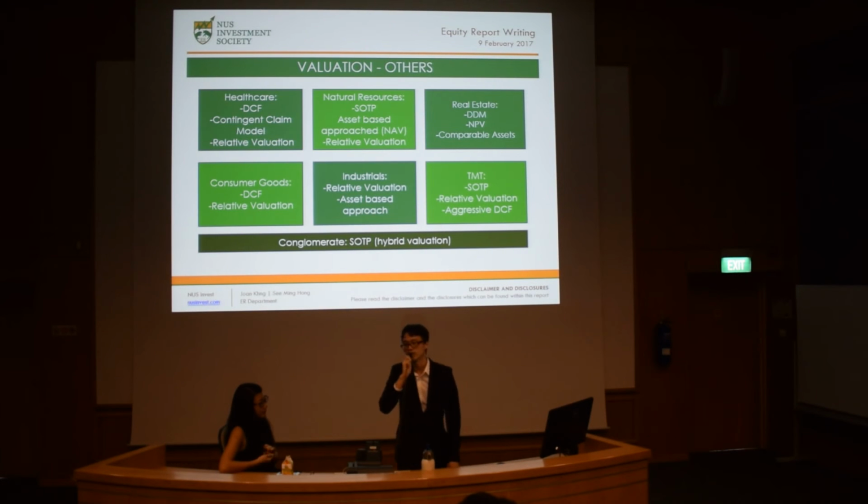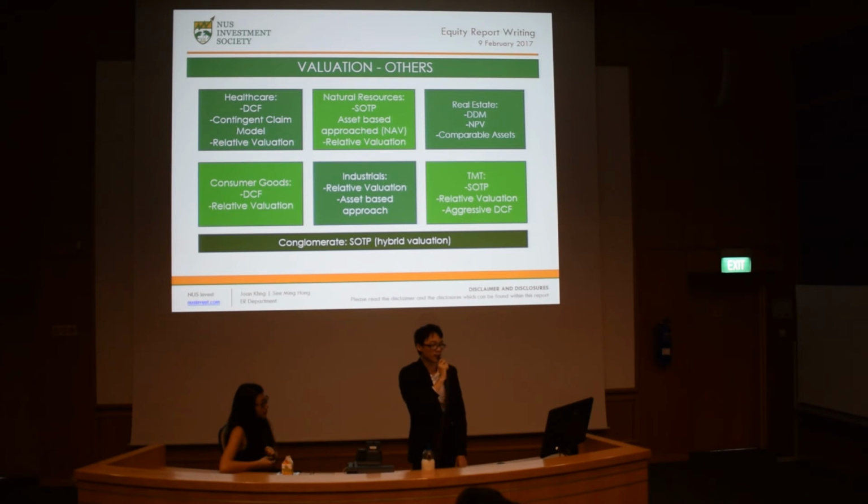Okay, so I would also like to introduce some other valuation methods aside from the 2 that I have just spoken about. If you look down at conglomerates, which are huge companies that operate multiple business segments, SOTP valuation will be more suited to value this company instead of a DCF.